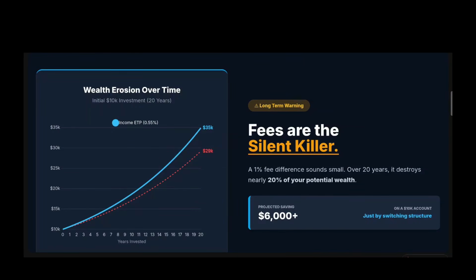A 1% fee difference sounds small, but over 20 years, it destroys nearly 20% of your portfolio's wealth. So it's quite a substantial amount. The projected savings on that 10K is 6K. So it's quite an important move to look at the fees, in my opinion.